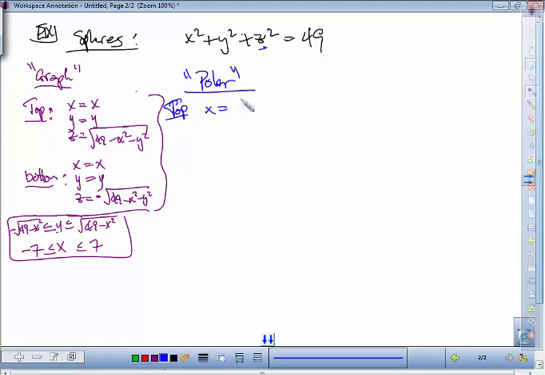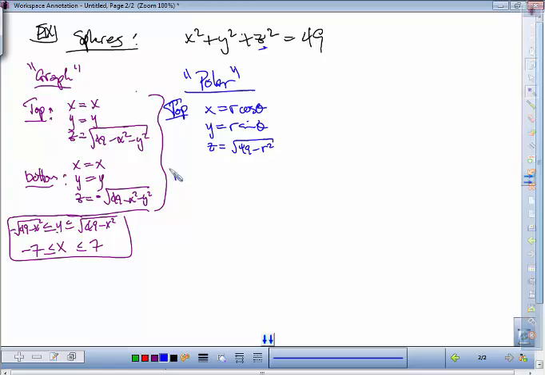And I'm going to stick with r's and thetas. So you got the usual r sine theta, r cosine theta, and then your z is going to be the square root of 49 minus x squared minus y squared, which will amount to minus r squared.